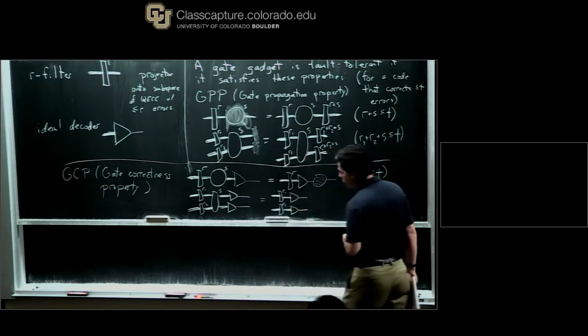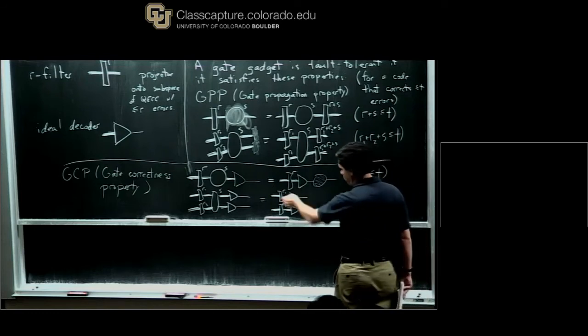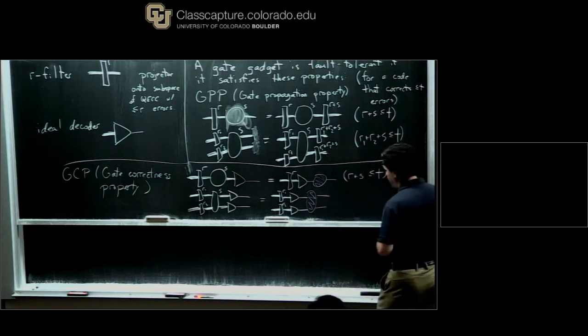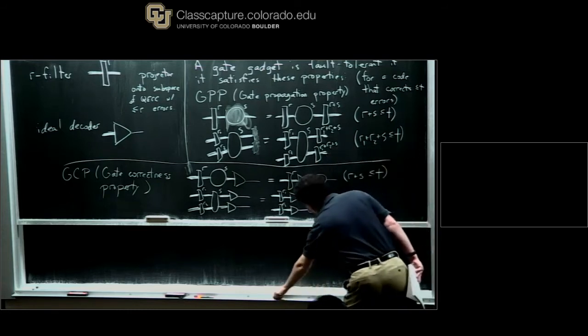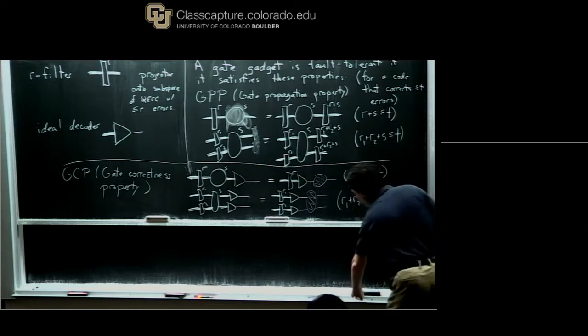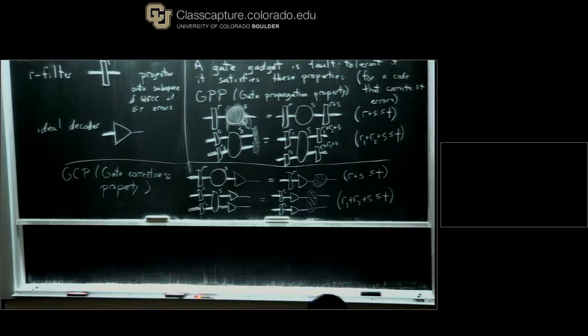On the right-hand side, we do the decoders right away, then we do the ideal gate, and it should be the same. Again, this should apply when R1 plus R2 plus S is less than or equal to T. And if you have a 3-block gate gadget in your fault-tolerant protocol, then you can generalize this in the most obvious way to 3 blocks.